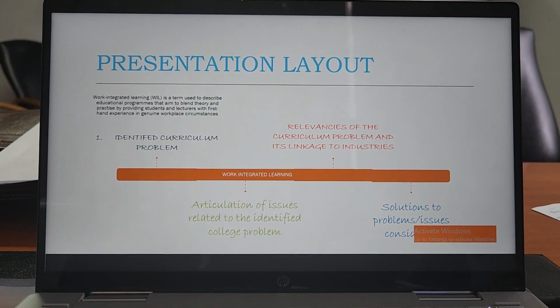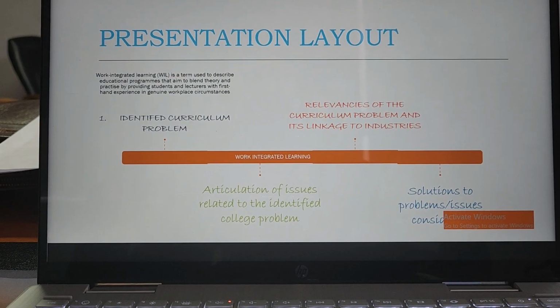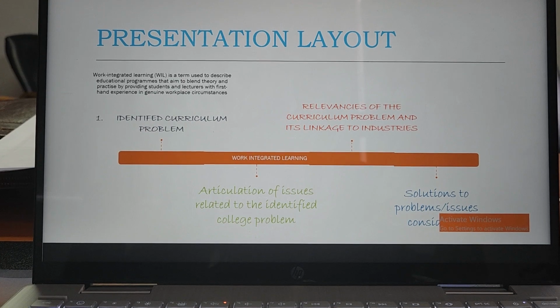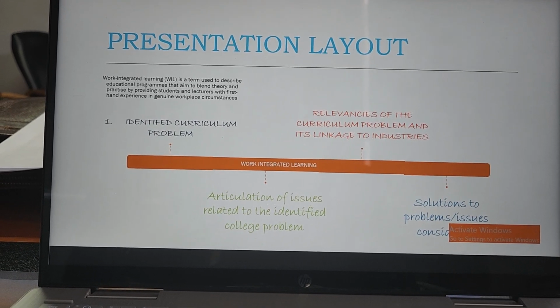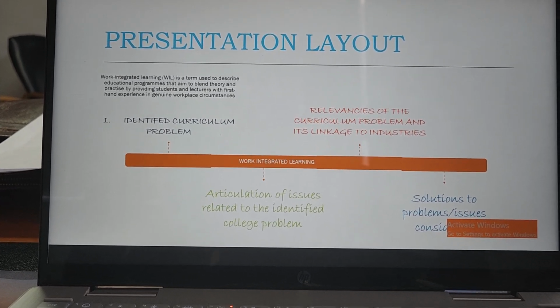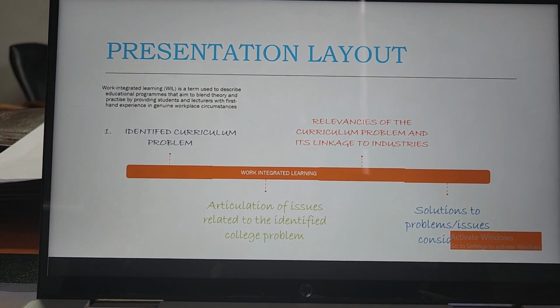The presentation layout, this is what I will be presenting on. I will be focusing on the identified curriculum problem, which also is making reference to my assignment number 1.